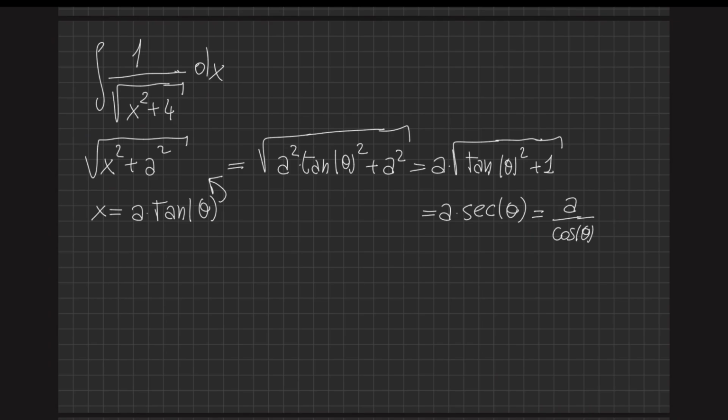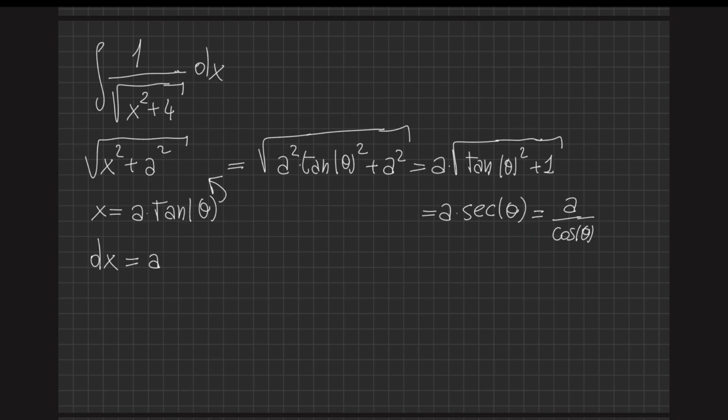Now, what about the differential? Well, now we have to compute dx, so the derivative with respect to theta on the right-hand side. This is going to be equal to a times the derivative of the tangent with respect to theta, which is just 1 over the cosine squared, which is the same as the secant squared.